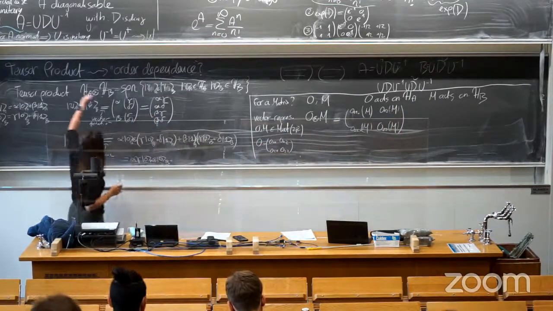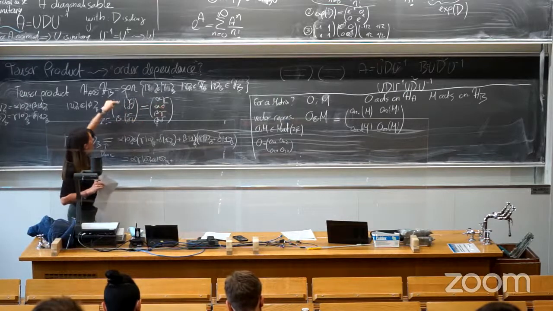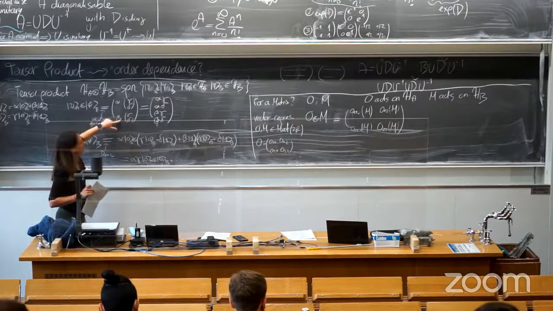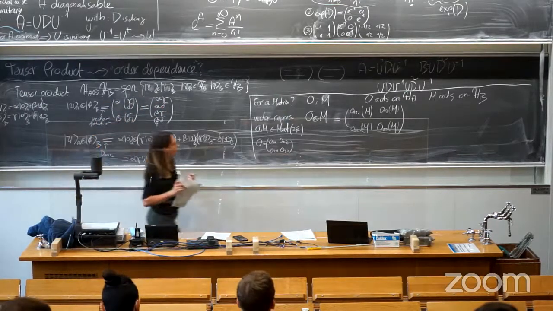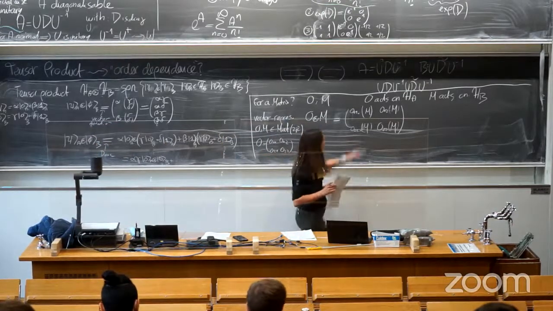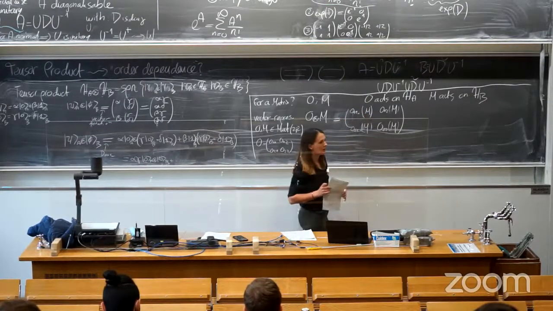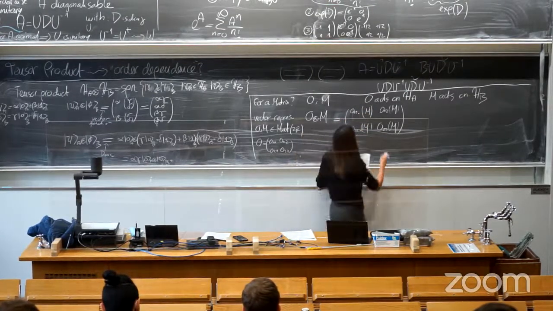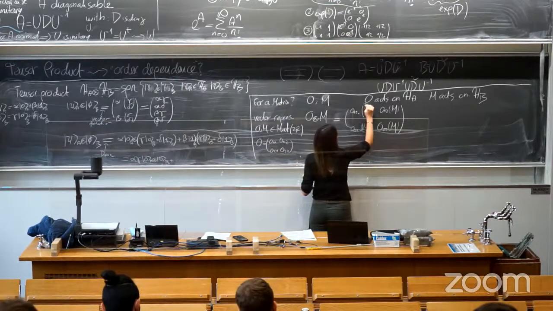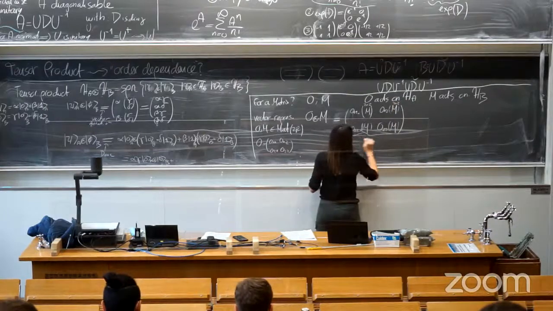Here I take the first coefficient and multiply it by the vector, so every coefficient of this vector is multiplied by my first coefficient, and same for the second. Here the idea is exactly the same, only I don't have a vector, I have a matrix. I take the first coefficient and multiply it by every coefficient of the matrix. This is a 2 by 2 matrix, and this as well, so in total it is a 4 by 4 matrix.